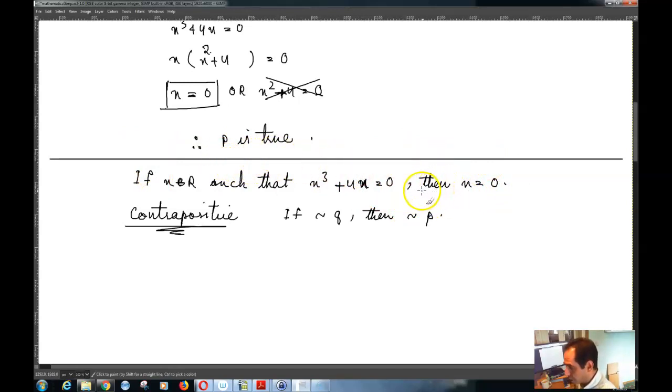So now I have to take this as Q, and I have to take this as P, meaning that I have to make an assumption that P is not true, right? Now let me see how they have done it exactly here.